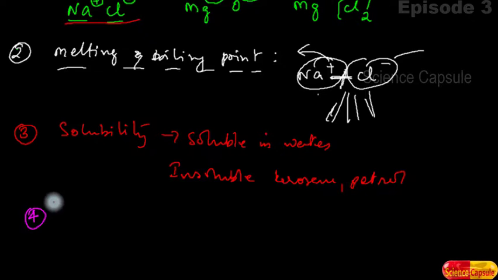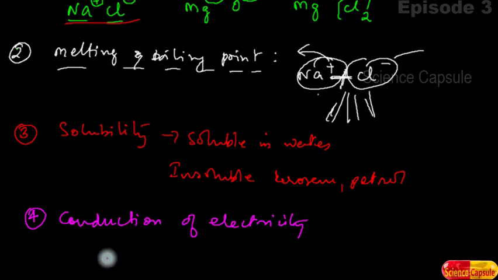The fourth and most important property of ionic compounds is conduction of electricity. Dear students, ionic compounds conduct electricity only in molten state. Molten state means liquid state. They do not conduct electricity in solid state, because movement of ions in the solid state is not possible.